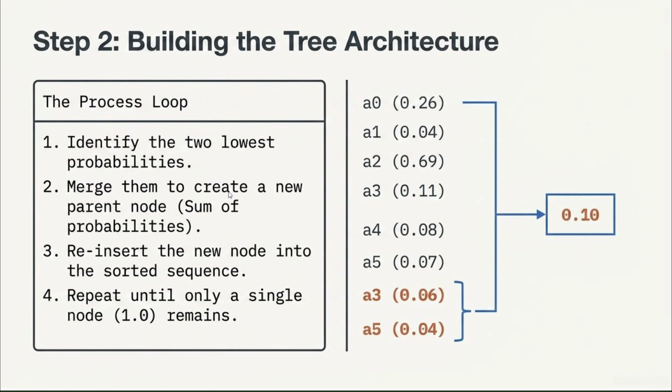We take the two symbols with the lowest probabilities and combine them to create a new node. We then add the probabilities together to get the value of this new node. Resort and repeat. We place this newly combined probability back into our list, resort it to maintain descending order, and repeat the process of combining the two lowest values. We continue doing this until all probabilities merge into a single node with a value of 1.0.